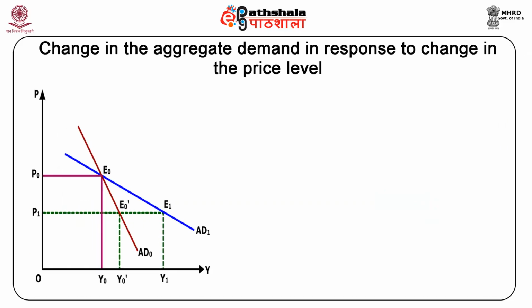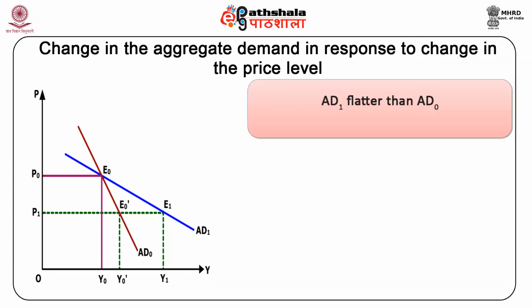The given figure explains the previous mechanism. AD0 is the original aggregate demand curve and AD1 is the new aggregate demand curve with larger slope. Thus, AD1 is flatter than AD0. Now, a change in the price level from P0 to P1 produces a change in the aggregate demand by an amount of Y0 dash minus Y0 along the AD0 curve, while the same change in the price level produces a change in the aggregate demand by an amount of Y1 minus Y0 along the AD1 curve.